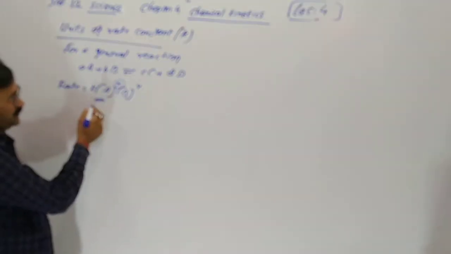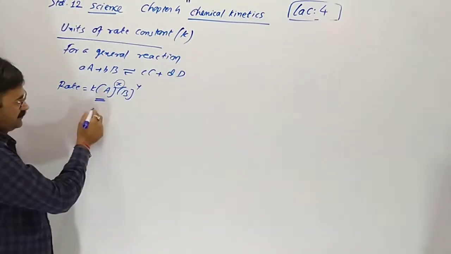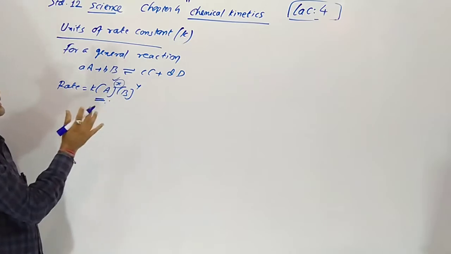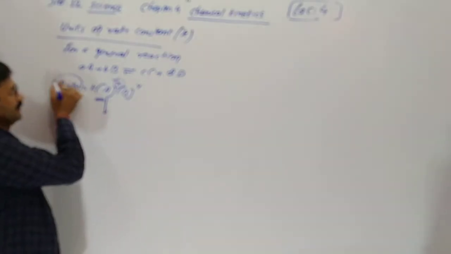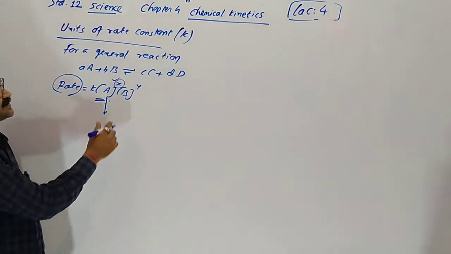What is order? Order means the sensitivity. If the concentration changes, the rate changes by that power x; that is the order, nothing else. Sensitivity.